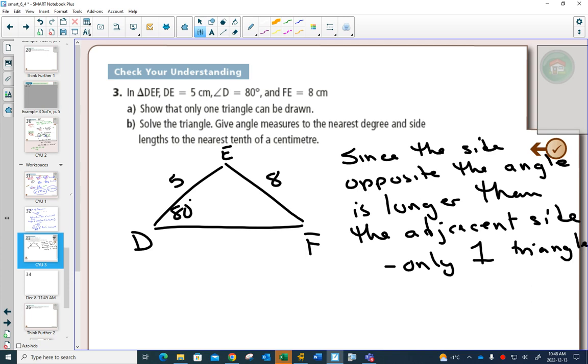Now we're going to find that when we do solve for it using sine. Okay? So we showed that only one triangle can be drawn.